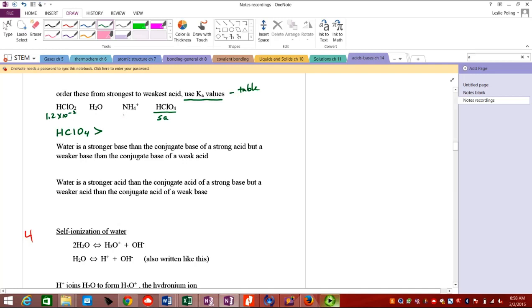And NH4 plus is the conjugate acid from NH3, which has a Kb of 1.8 times 10 to the minus 5.